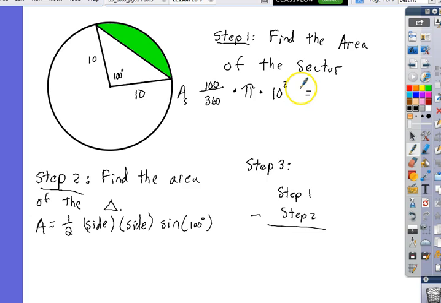So I get 87.26646. If I round it up to the nearest tenth, I might have a rounding error because I'm looking for accuracy to the nearest tenth. If I round to the nearest hundredth, then that hundredth rounded off. Significant figures says I need to take it out 3 decimal places. So 87.266.